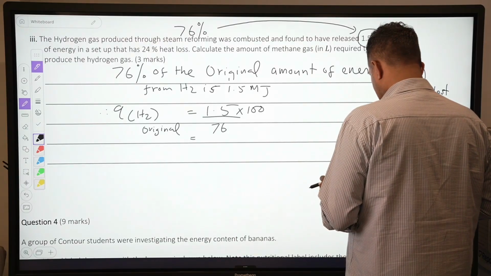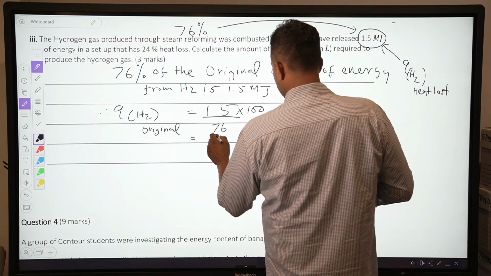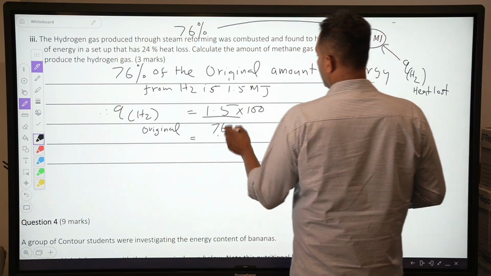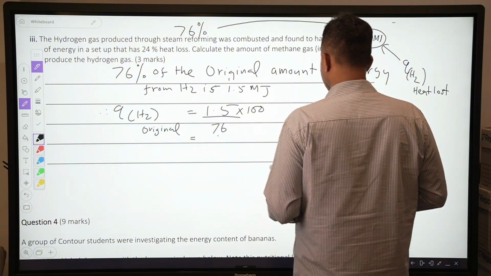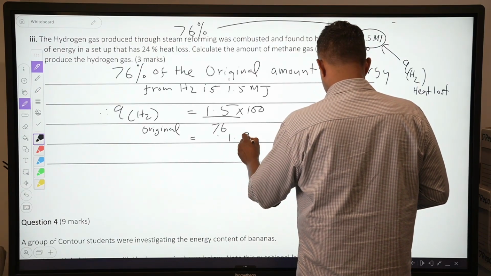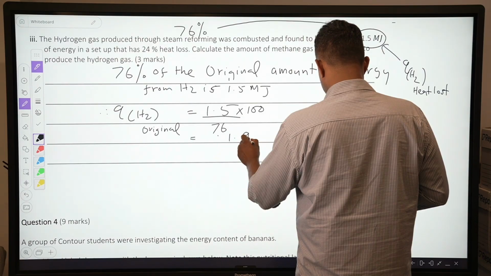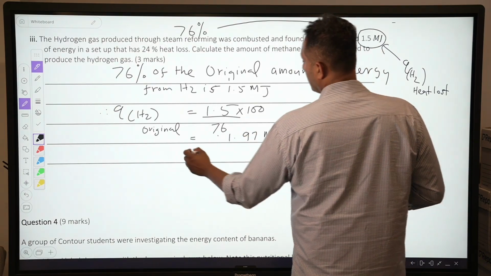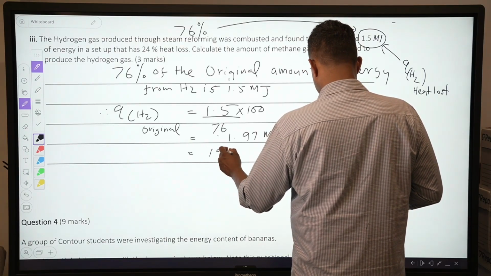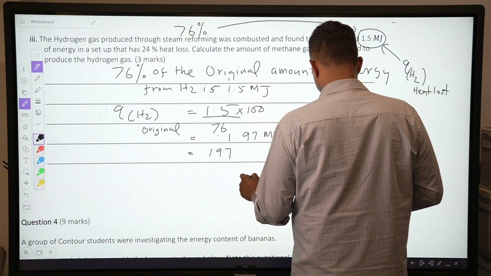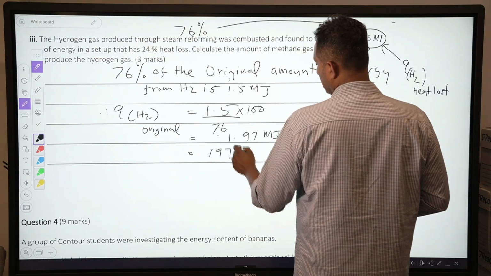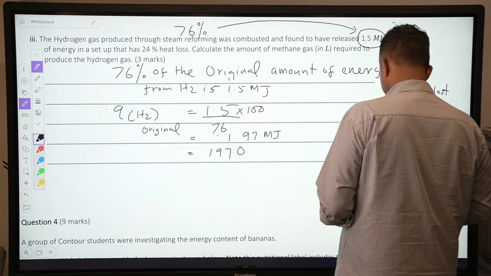So we get this value. What's that value? Okay, we need to convert into megajoules. This is going to be 1.97 megajoules. Let me convert into kilojoules. 1970.